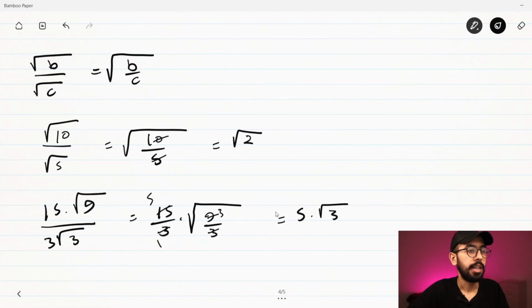This rule and the multiplication rule are very important in equations. There are many equations that contain radicals, and you need to use these two rules to simplify the equation, and then you can solve it more easily.